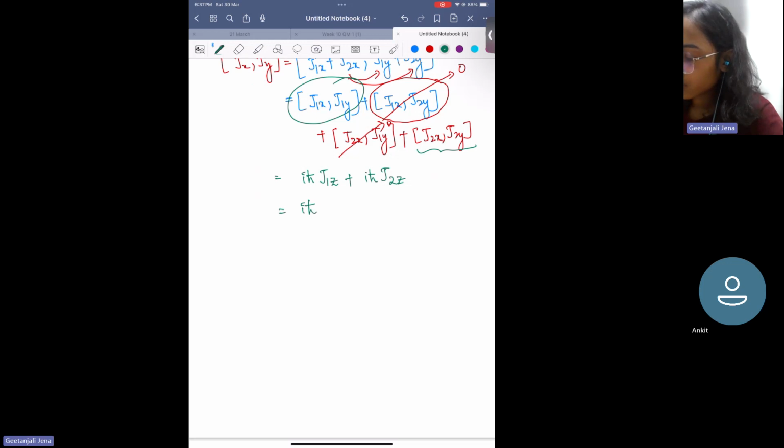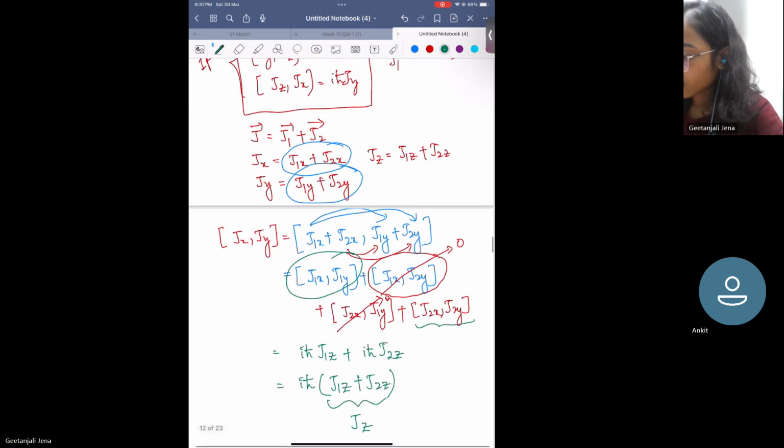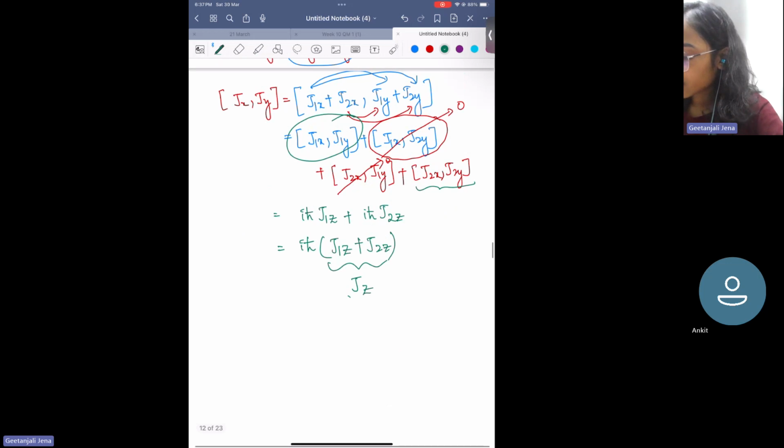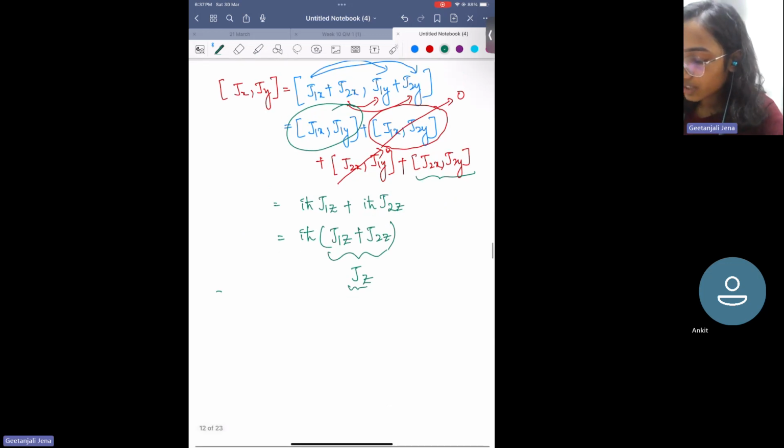So the expression would be iħ times J1z plus J2z. So this is nothing but Jz, right? Using this expression, Jz is J1z plus J2z. So the Jx and Jy commutation relation in a two-particle system is iħ Jz.